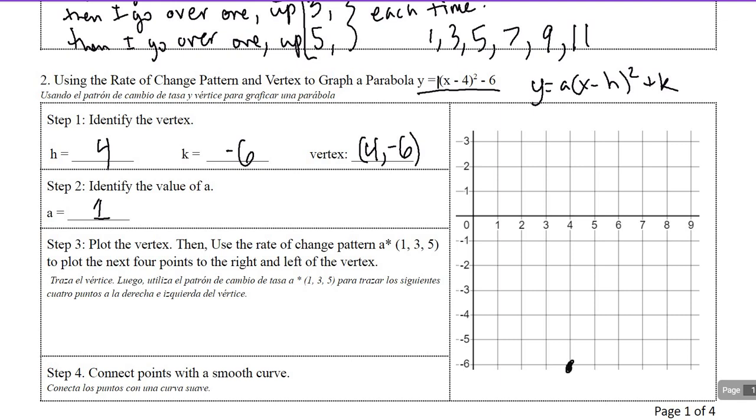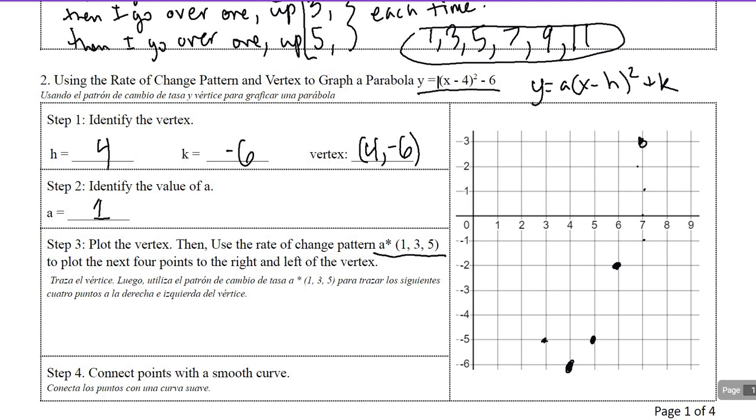And then I'm going to use a rate of change pattern. What that means is I'm going to use the fact that the shape of the parabola will have a very predictable rate of change. First, I'll go over 1 x, and then I'll go up 1. Then I'll go over 1 x and up 3. Then I'll go over 1 x and up 5.